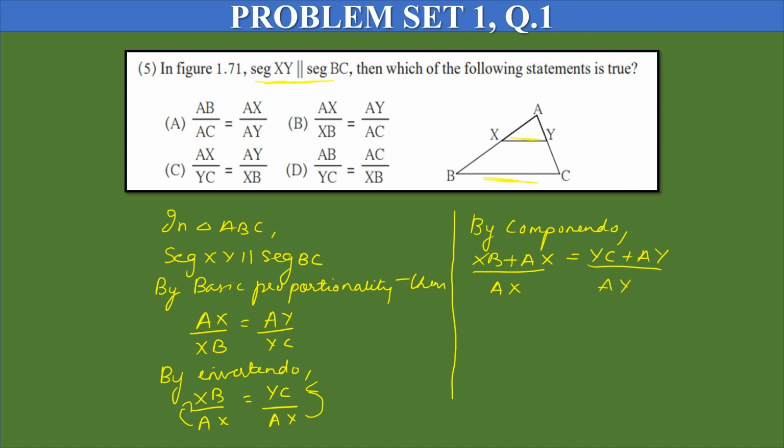So XB plus AX, if we see in the figure, is AB. AB upon AX is equal to YC plus AY. See here it is YC and here it is AY. So YC plus AY will be equal to AC upon AY.